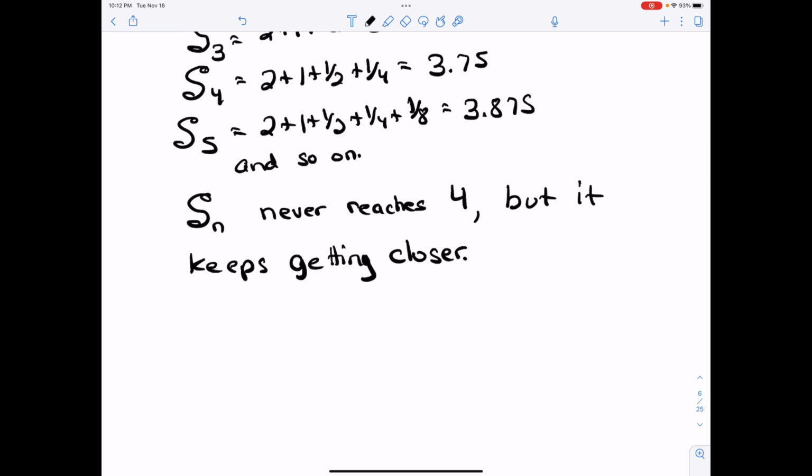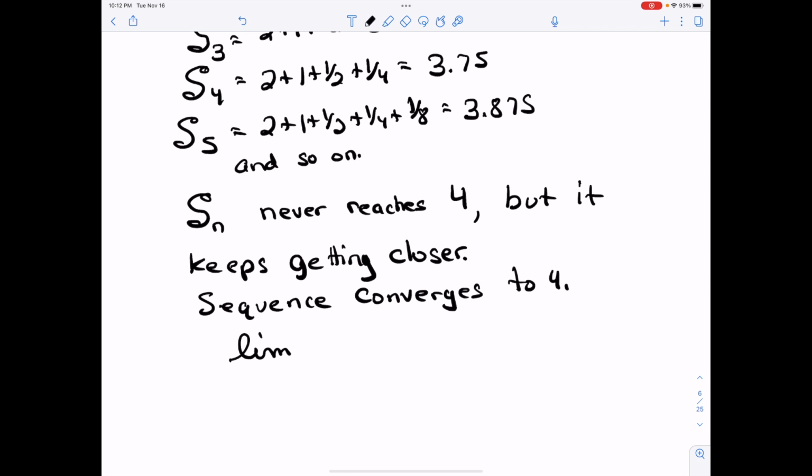So the sequence converges to 4. Or we could say the limit as n approaches infinity, so as your n gets bigger and bigger, the limit of that sequence is 4.